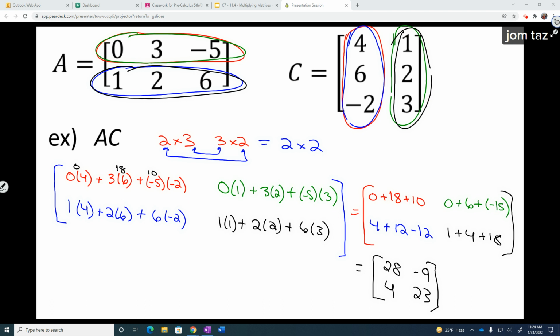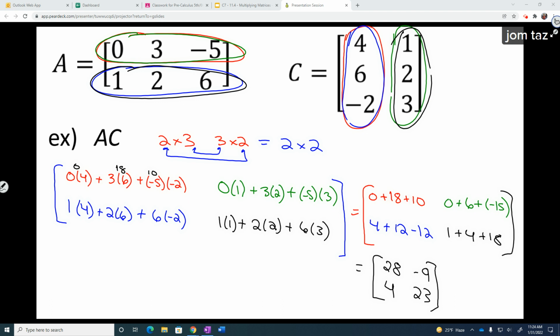Also, something to notice when you're doing this that will help you check your work. If you look in this first one that we did, look at the pattern that you'll see here. 4 and 4 line up. 6 and 6 line up. Negative 2 and negative 2 line up. 1 and 1. 2 and 2. 3 and 3. So you can kind of try to be precise and write them underneath each other. It's a good way to check your work. See how this always matches, so you can see if you made a mistake.